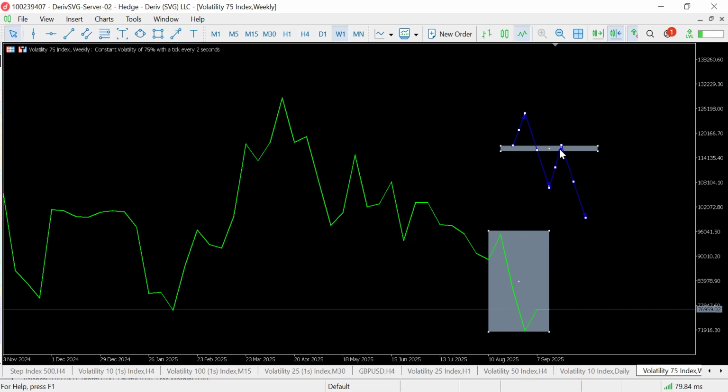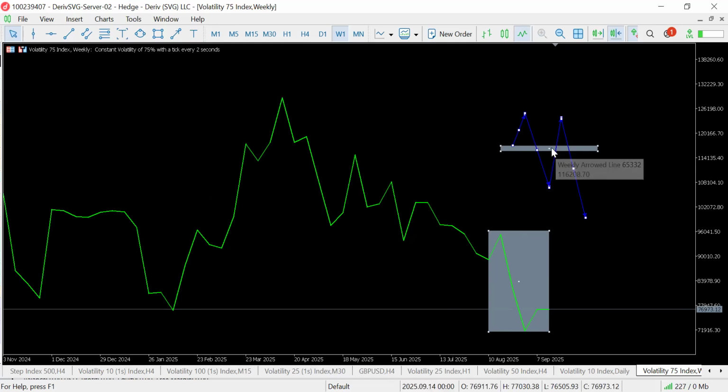And like I always say, most times this retracement upwards even goes as far as creating a double top before price decides to move downwards. So this is the simple chart pattern that we have to work with.